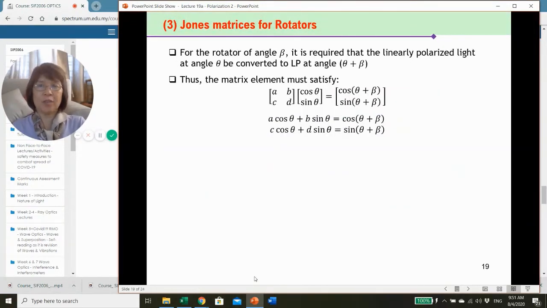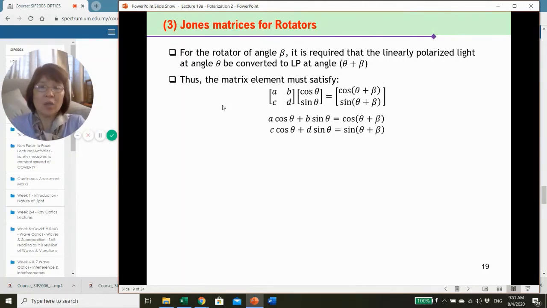We are up to the final part of the Jones matrices, where we'll derive this for a rotator. Remember, rotators are able to modify the state of polarization, but they will not produce polarized light. So for a rotator that produces a rotation of angle beta, if a linearly polarized light with plane of polarization inclined at angle theta passes through the rotator, when it exits the orientation of that plane polarized light would be at an angle theta plus beta.